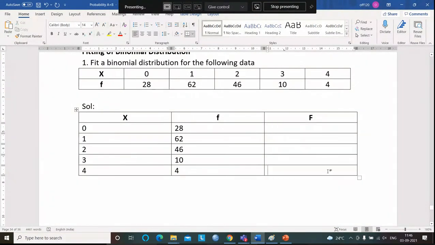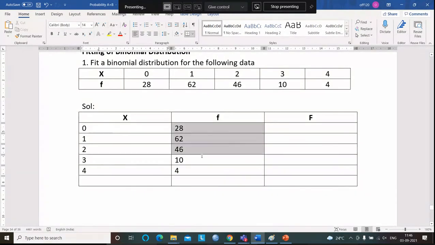By adding these values, what is the total we get? 28 plus 62 is 90, 90 plus 46 is 136, 136 plus 10 is 146, 146 plus 4 is 150. That means summation f, or total frequency capital N, is equal to 150.